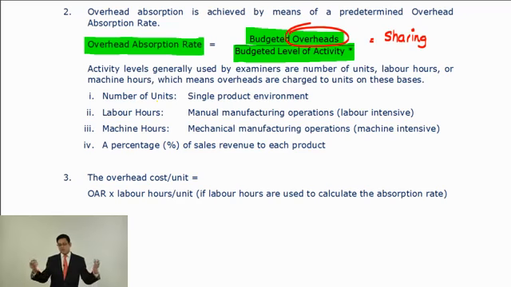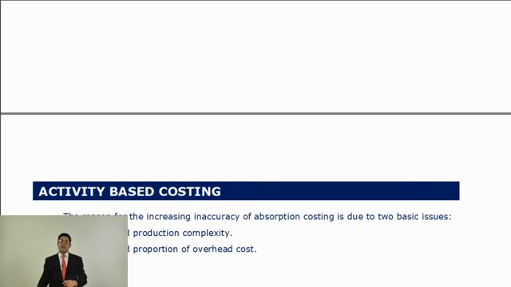But over the last 25 years or so, as we entered the new world, many competitors are in the market. Companies are producing many products. There is huge production complexity, and absorption costing in some organizations wasn't giving us the right value of cost. So then we started looking into activity-based costing.